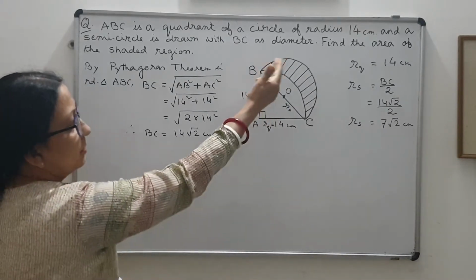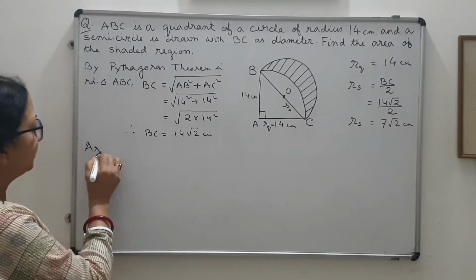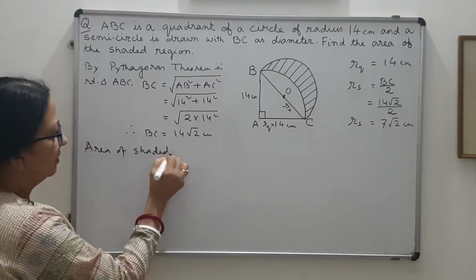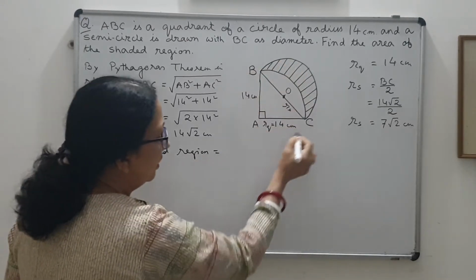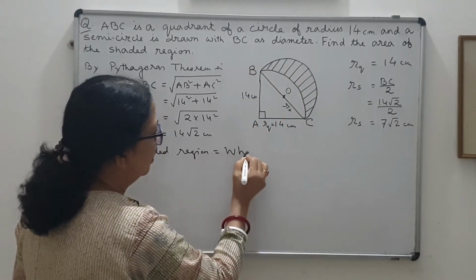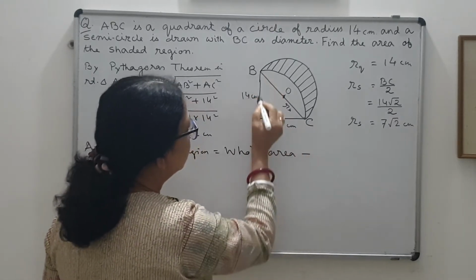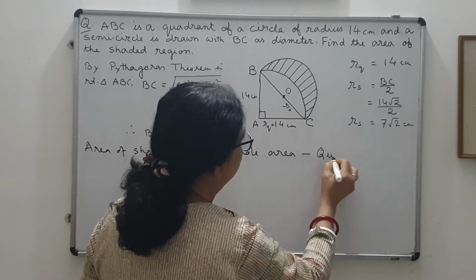Now I have to find the area of the shaded region. So the area of the shaded region is the whole area minus this quadrant area.